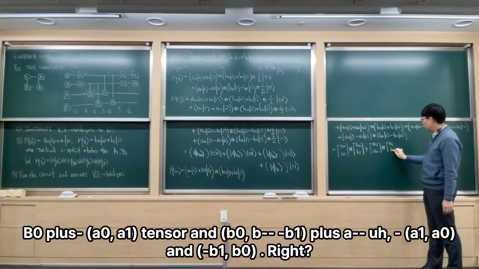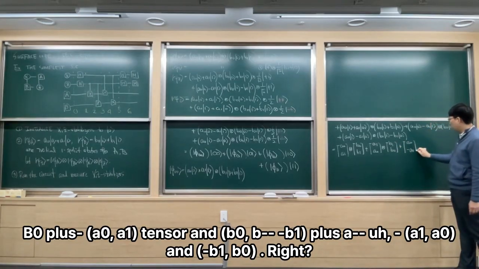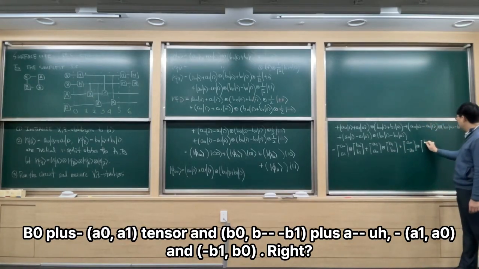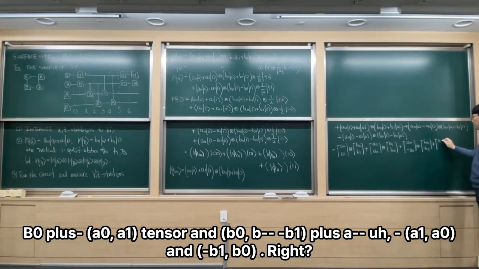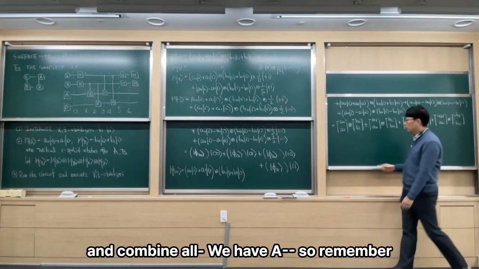And B1, B0, plus A0, A1 tensor B0, minus B1, plus A minus A1, A0 and minus B1, B0, right? So let's make it into a 4x1 matrix and combine all.